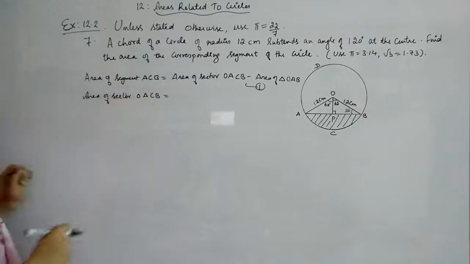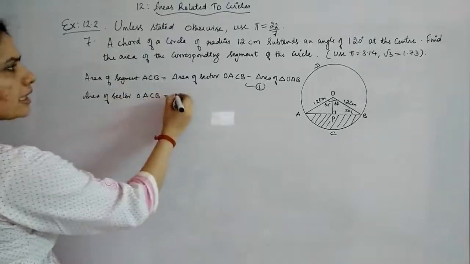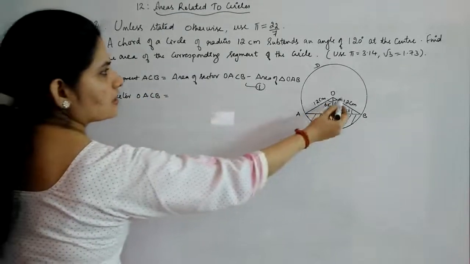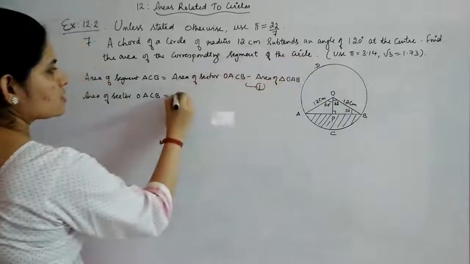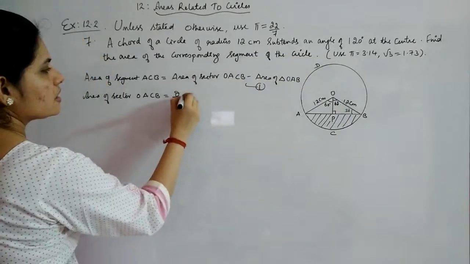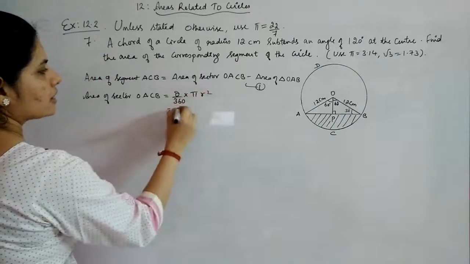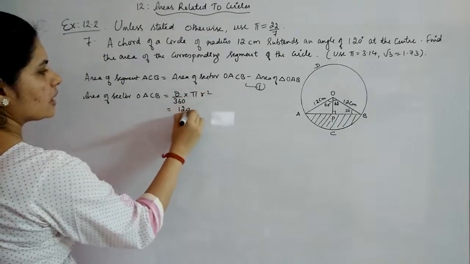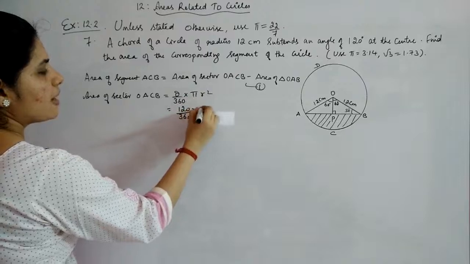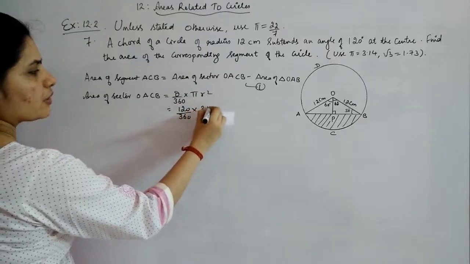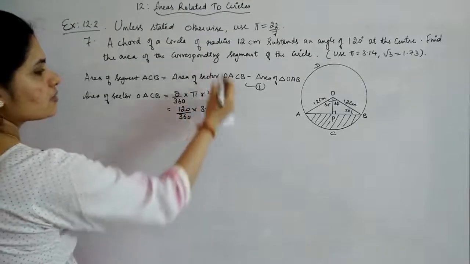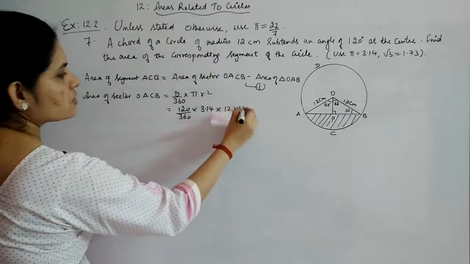OACB. It is theta by 360 into pi r square. For the sector this angle is given to be 120 degrees, so theta is 120 by 360 into pi. Pi is taken as 3.14 and r is given to be 12. So you are having 12 into 12.